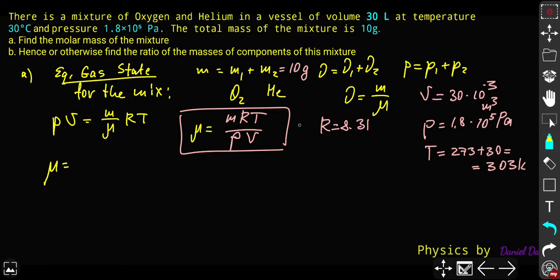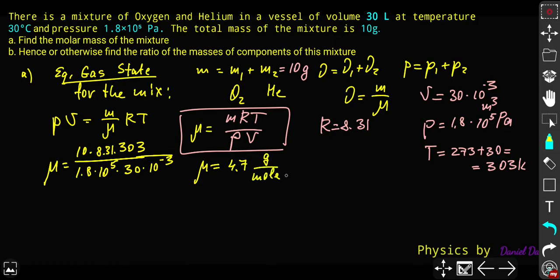After calculation: 10 times 8.31 times the temperature, which is 303, over 1.8 times 10 to the power 5, and because we converted volume, it's 30 times 10 to the negative 3 cubic meters. That is proper right now, and we can figure out the value for the molar mass. It's going to be 4.7 grams per mole.